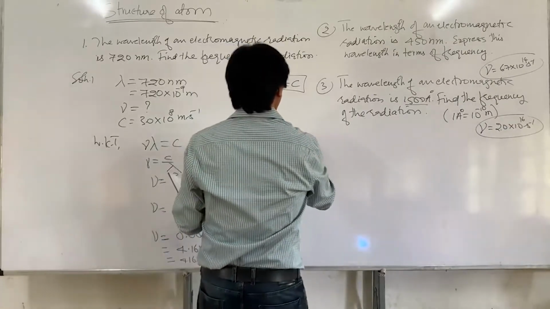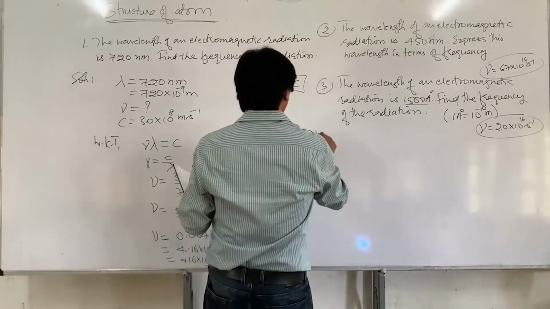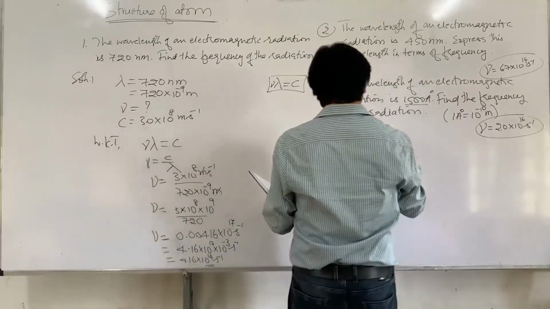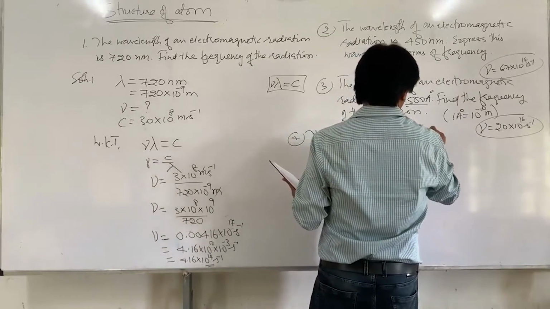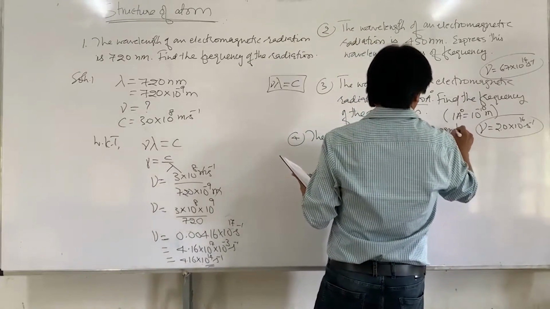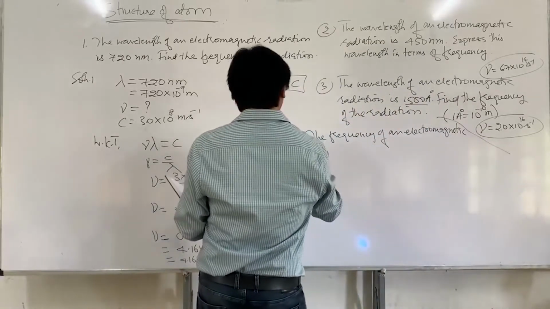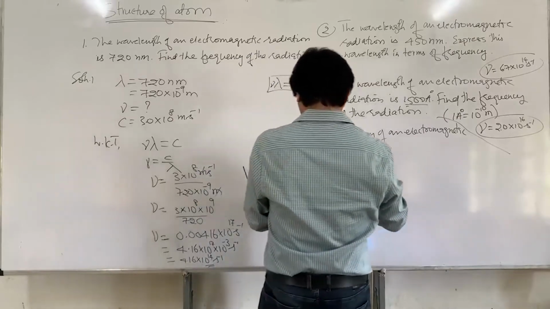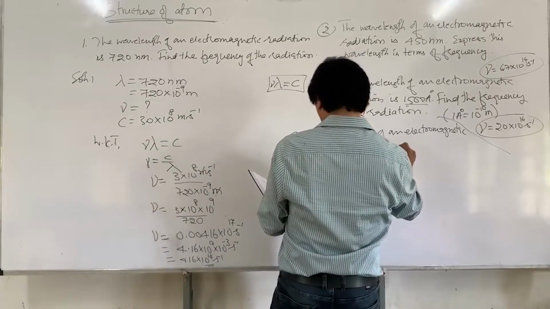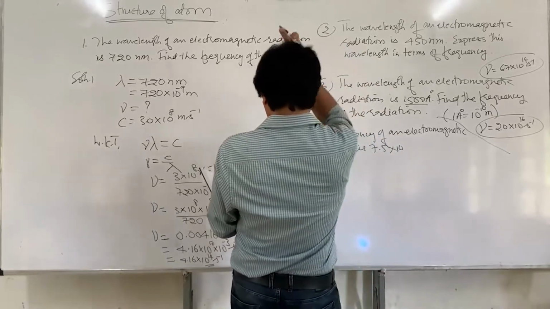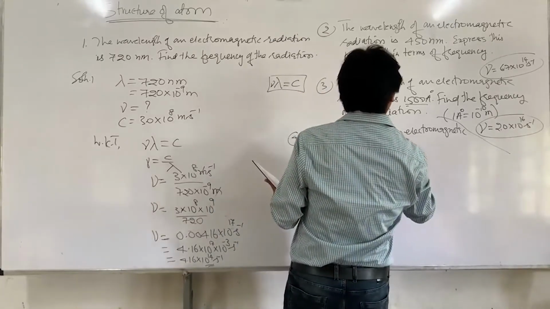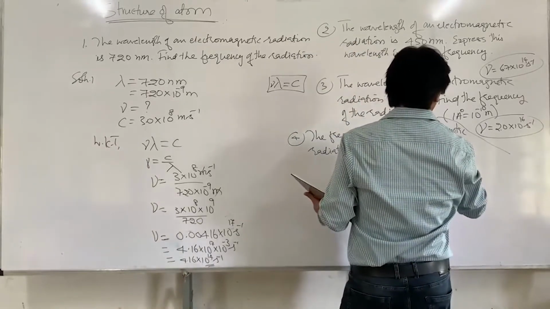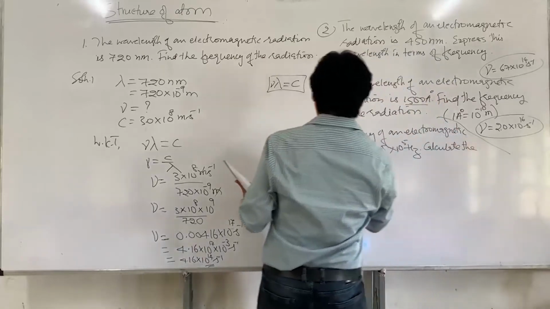Now, the next question is the fourth one here. The frequency of an electromagnetic radiation is 7.5 into 10 raised to the power 5 hertz.